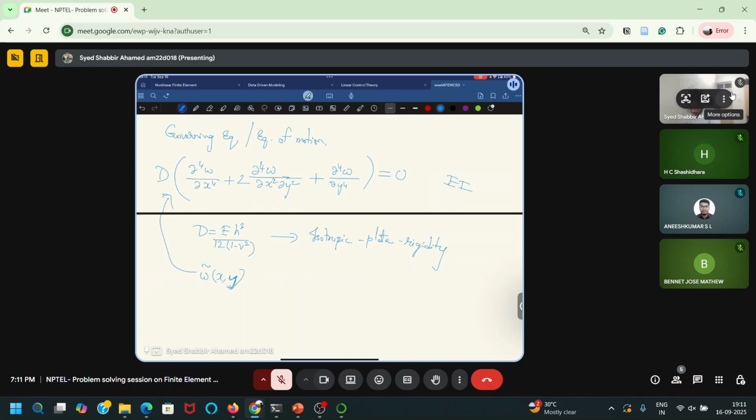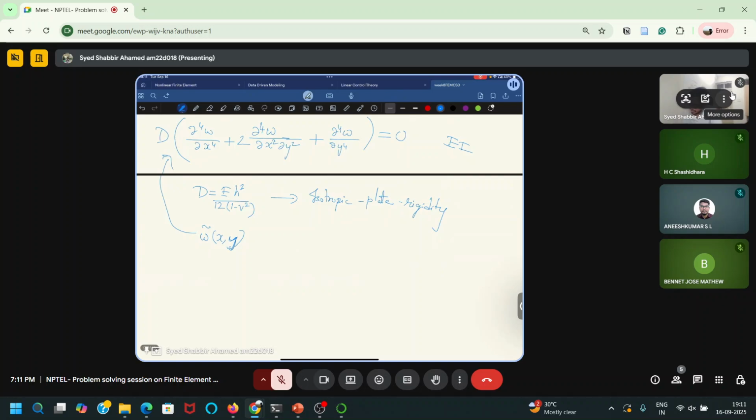For that we use the weighted residual method, which we have all seen. Let's say my domain is 2D, so I'll just take a 2D domain. W into my governing equation, where the governing equation is everything here.